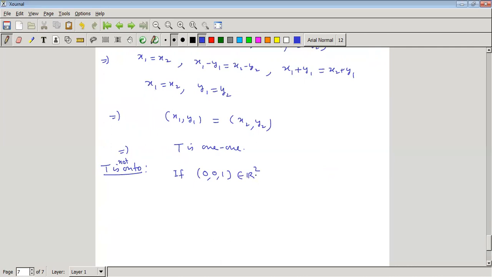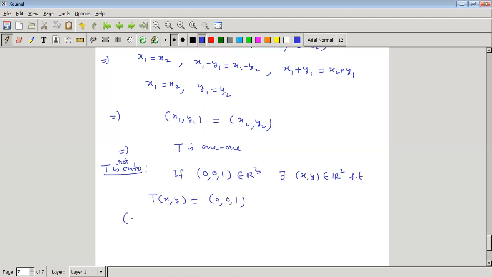We have to check whether there exists an element in R2 whose image is 0, 0, 1. Is there any element whose image is 0, 0, 1? So let us check. If there exists, then there exists x comma y in R2 such that T of x comma y is equal to 0, 0, 1.